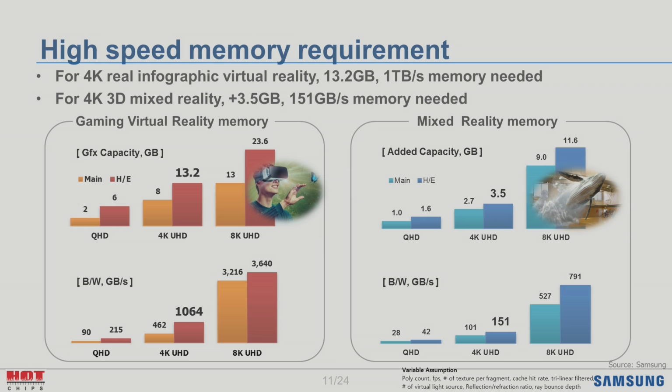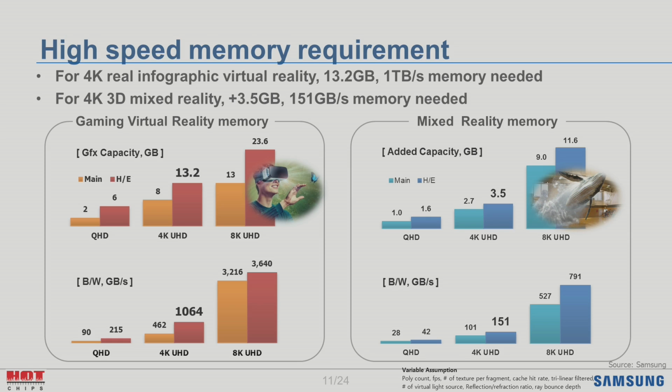Anyway, the left picture shows the maximum gaming memory requirement for realistic VR. And the right picture shows the maximum memory requirement for mixed reality. MR has higher-quality graphics than augmented reality.